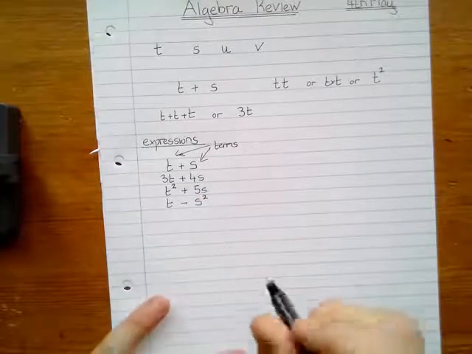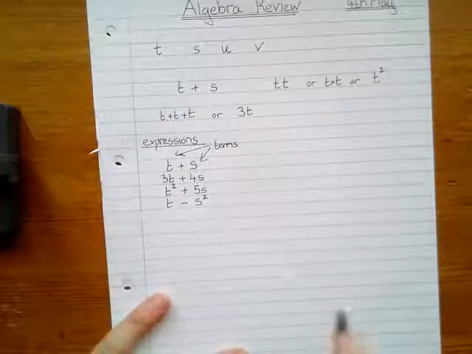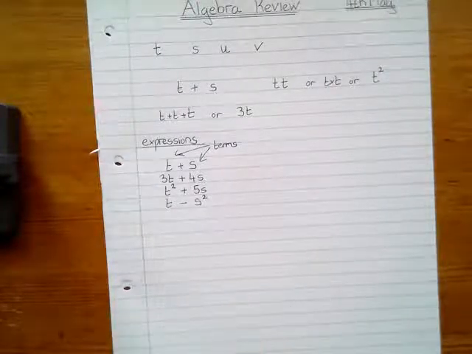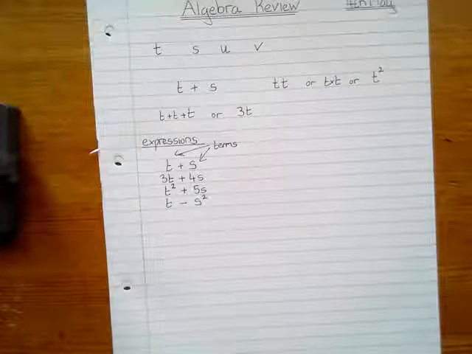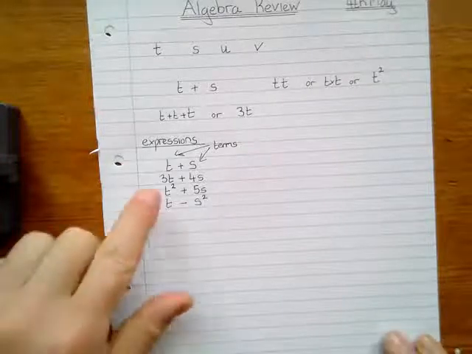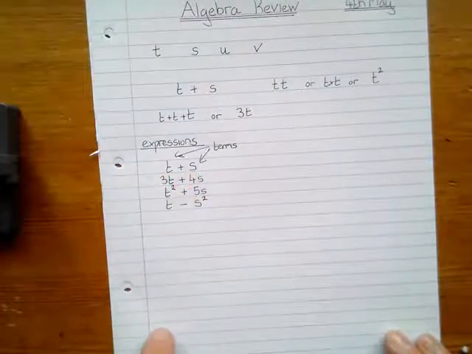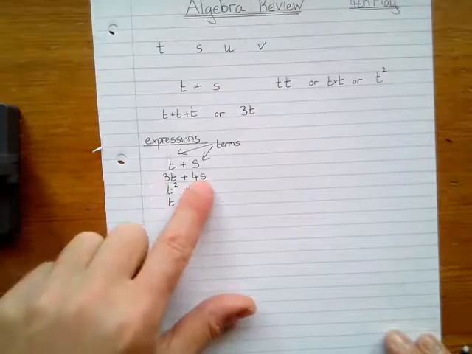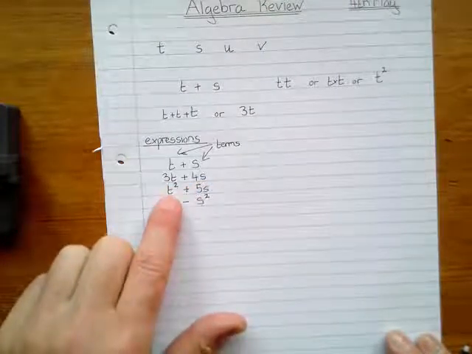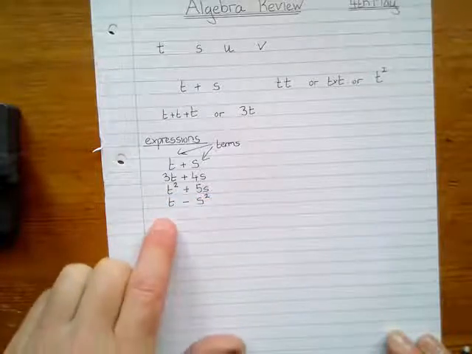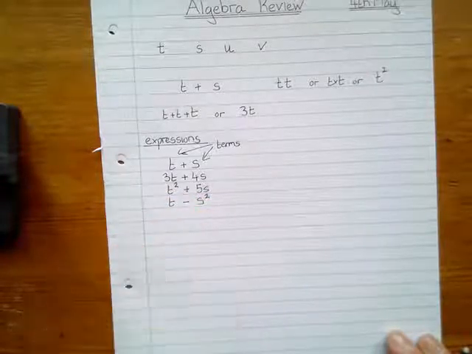Now, when we have got the expression as simple as we can, each of the terms will be of a different type. So this is called a T term. This is called an S term. That's a T term as well. That's an S term. That's called a T squared term. That's called an S term, a T term, and an S squared term.